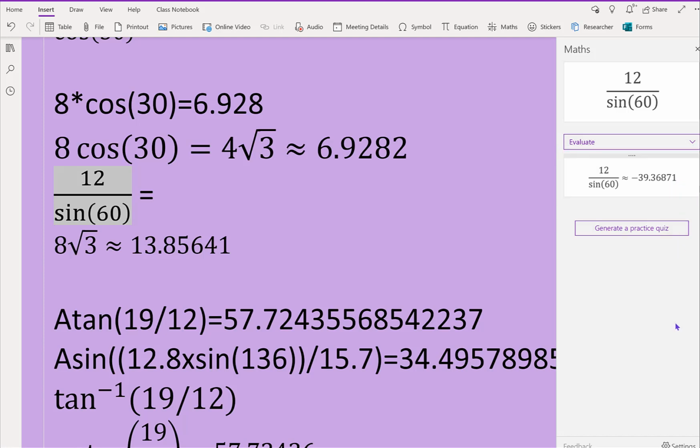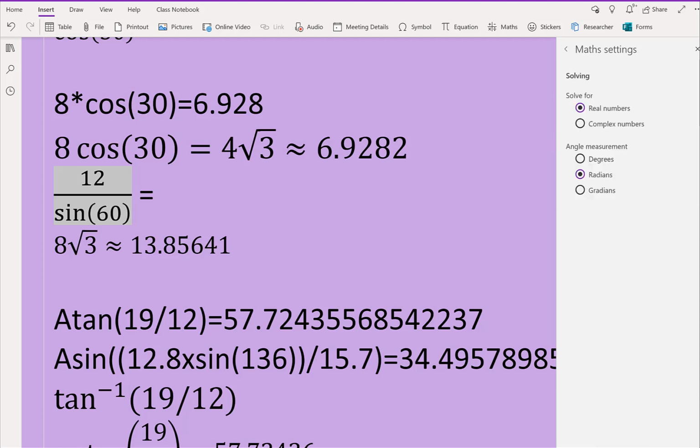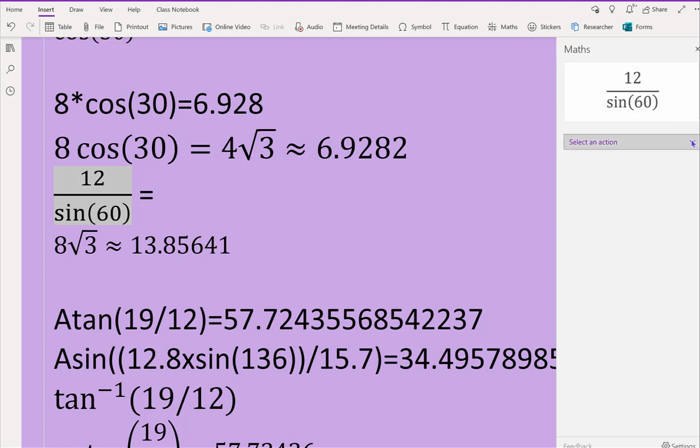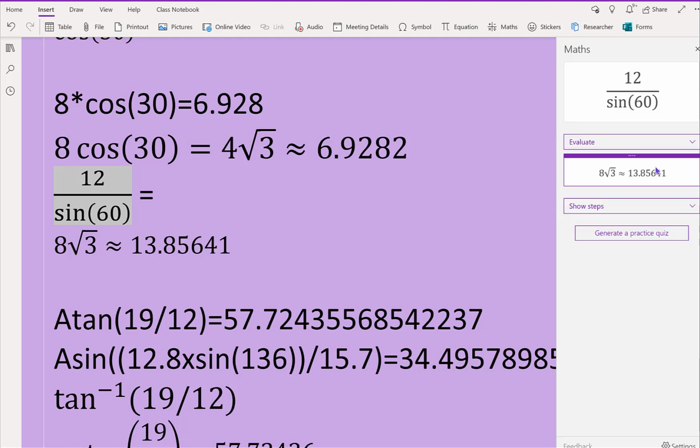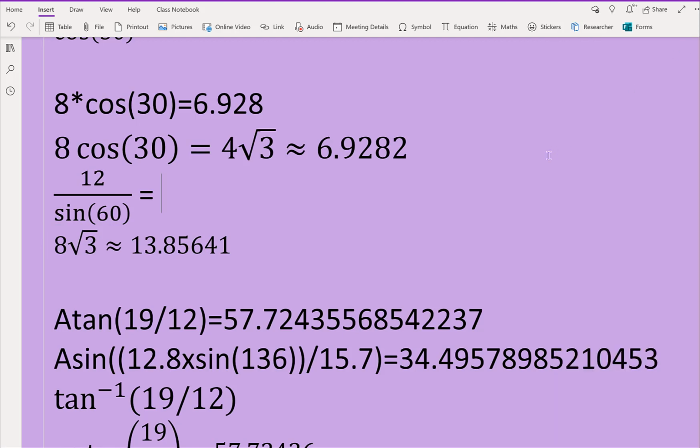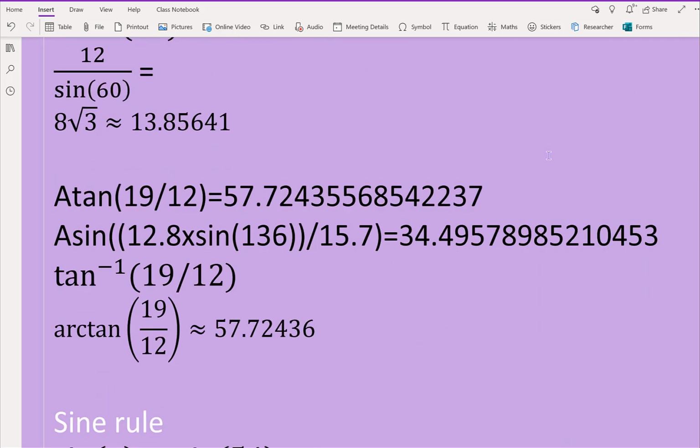So if you go to the setting here at the bottom right corner, I've just noticed I'm in radians. Now, if I select degrees, I should have the answer that I am expecting. So I place an action again, evaluate. So this looks more sensible, which is in fact the correct answer, 8 square root 3. And I can also do inverse tan, inverse sine, or inverse cosine.